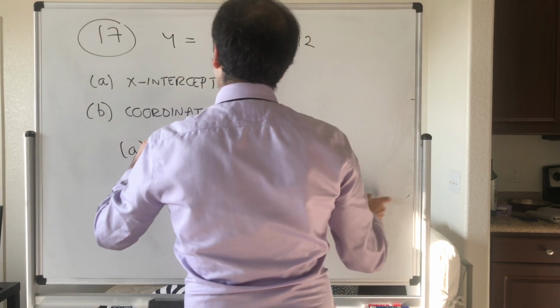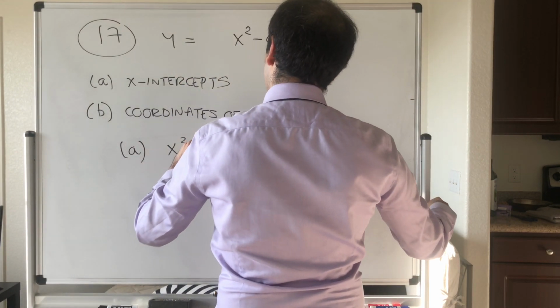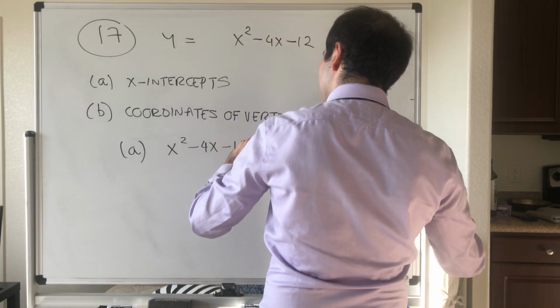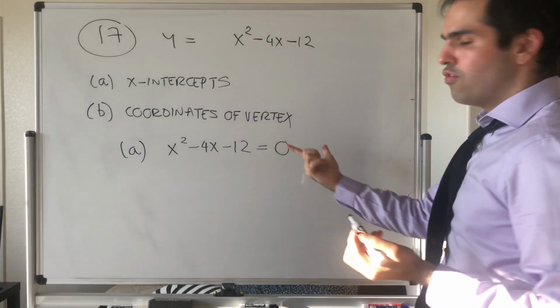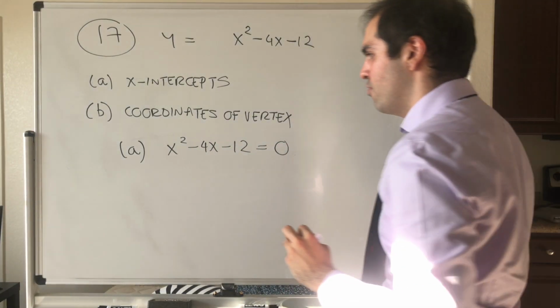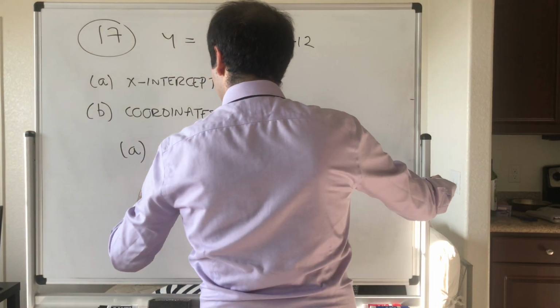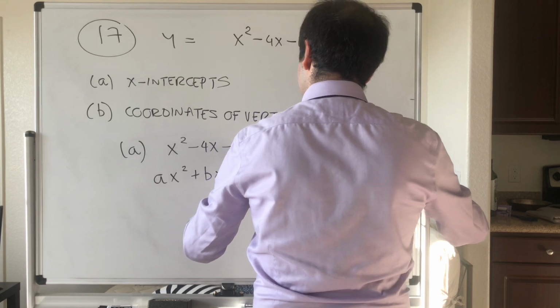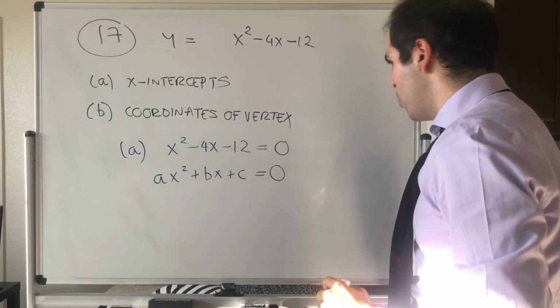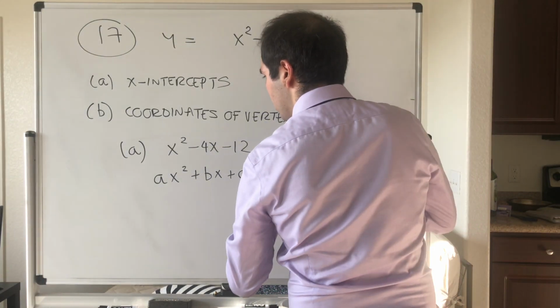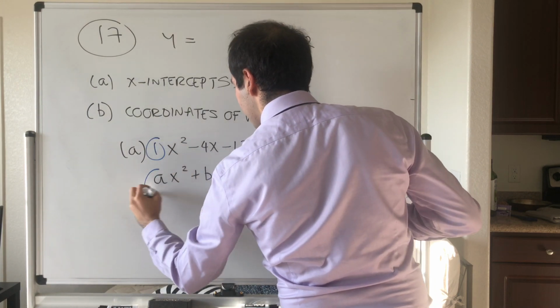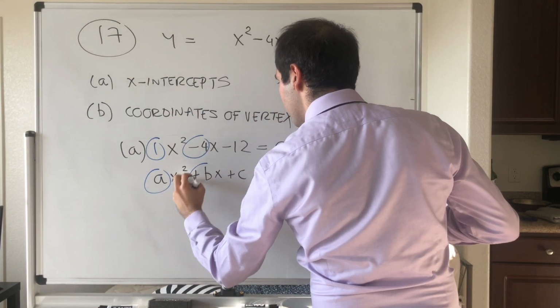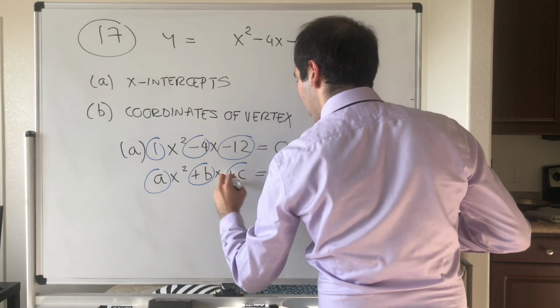So what we want is x squared minus 4x minus 12 equals 0. And for this, we have to use the quadratic formula. So again, this is of the form ax squared plus bx plus c equals 0, where a is 1, b is minus 4, and c is minus 12.